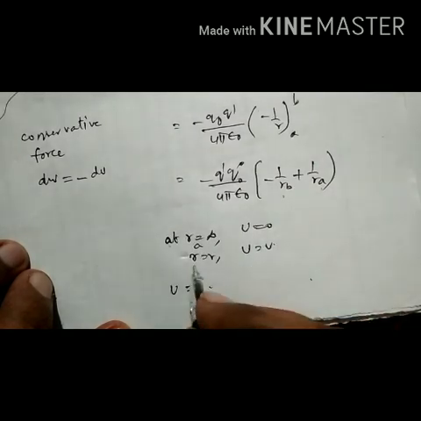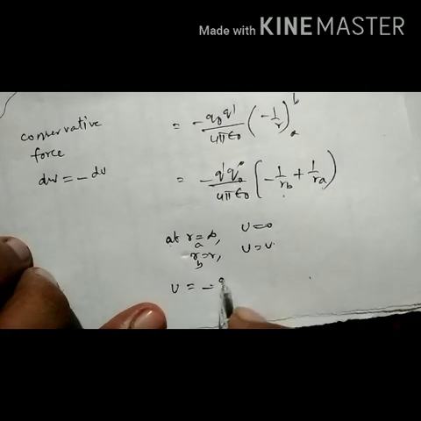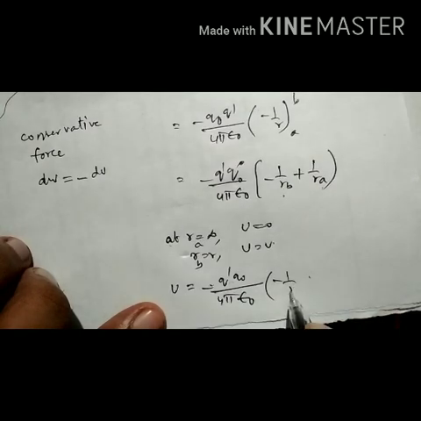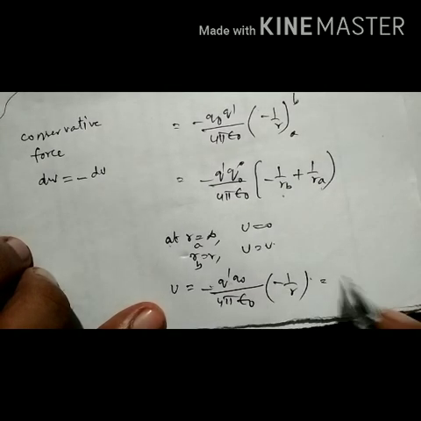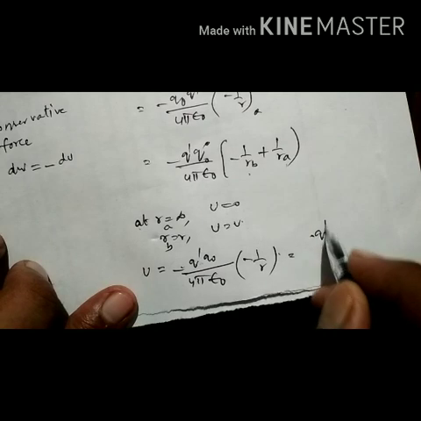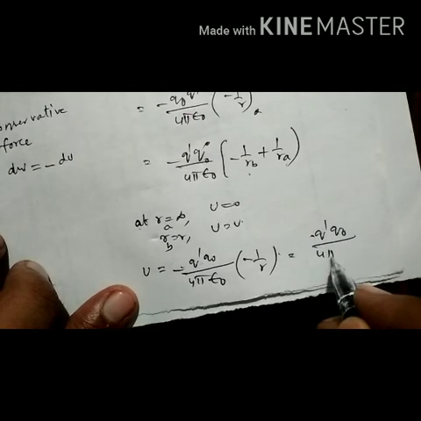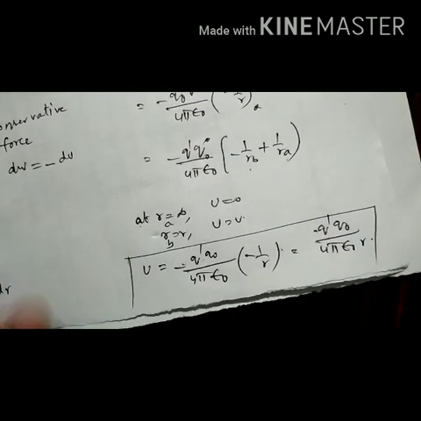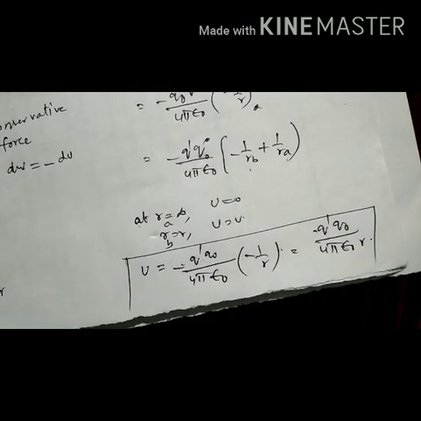I will take ra is infinity, rb equal to r. So minus q' q0 by 4 pi epsilon naught into minus 1 by r. This minus and minus will get plus, which is nothing but equal to q' q0 by 4 pi epsilon naught r. So this is the electrostatic potential energy of the system.